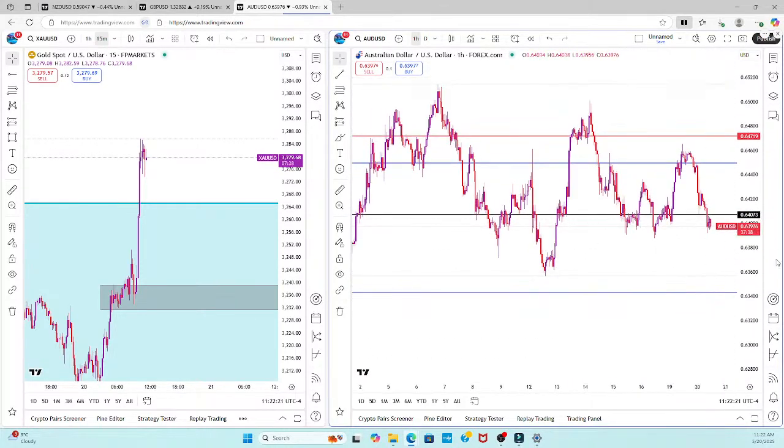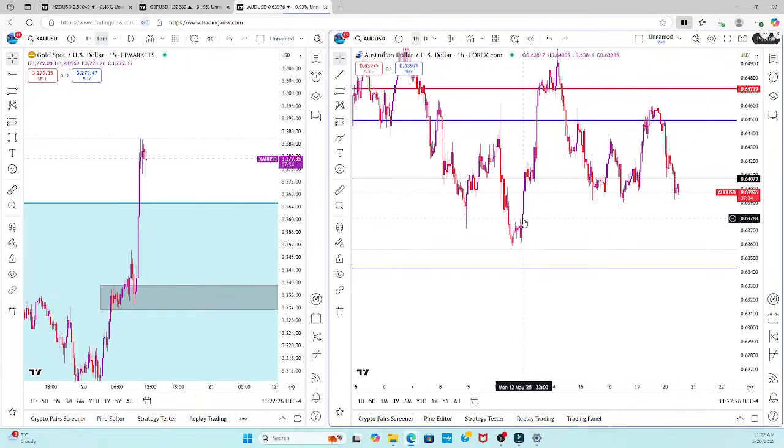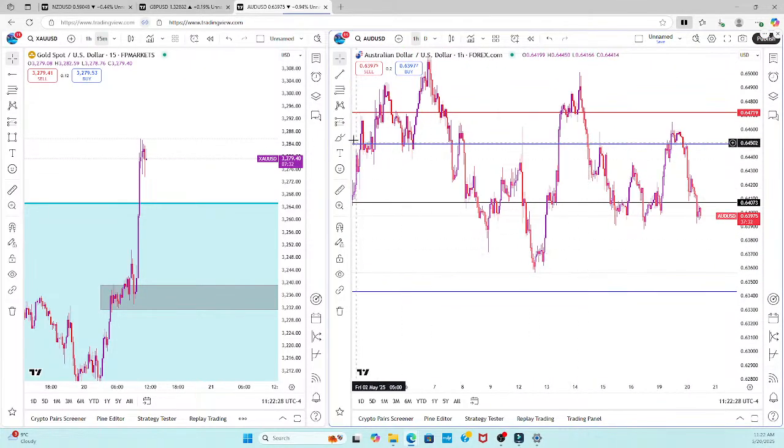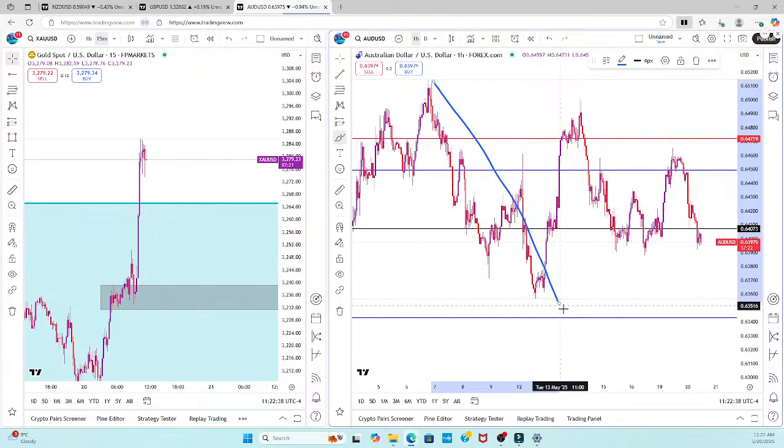On this 1 hour time frame, we had a bearish move happening here. This was like a mini downtrend that the price was in.